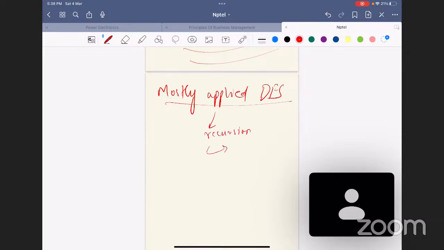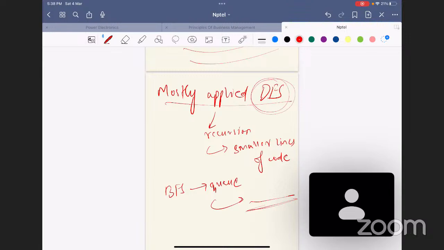You just need to write a smaller number of lines of code, and you are done. Whereas in BFS, you need to make a queue, you need to do some stuff, right? So my personal preference is DFS because it is a recursive algorithm.